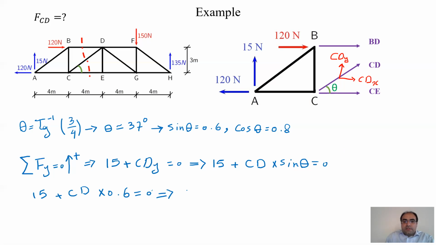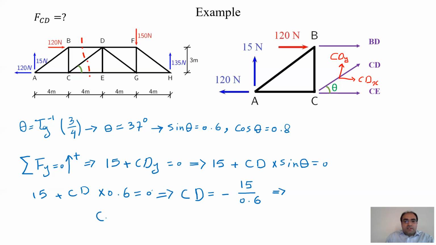Therefore, CD is equal to minus 15 divided by 0.6. What I did here, basically, I moved 15 to the right-hand side of the equation. So we have negative 15, and then I divided that by 0.6.